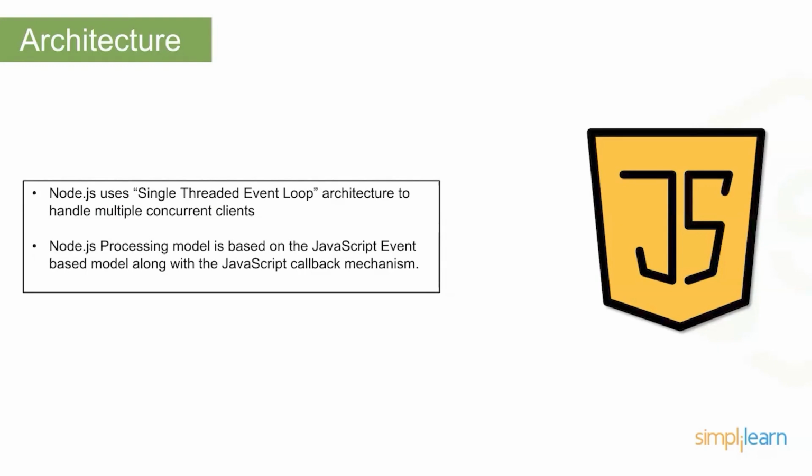And then in addition to that, we have the JavaScript event-based model along with the JavaScript callback mechanism that allows you to have this standard approach to being able to connect with and talk and discuss interactions between the client and the server. It's good to have these kind of standards where you're not using something that's unique to a specific framework or a specific technology. This just makes it so it's more accessible for everybody.